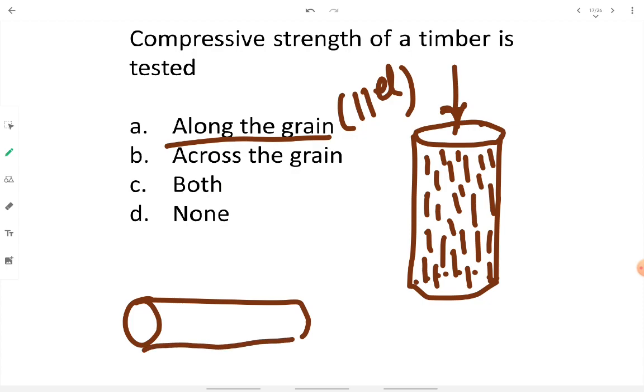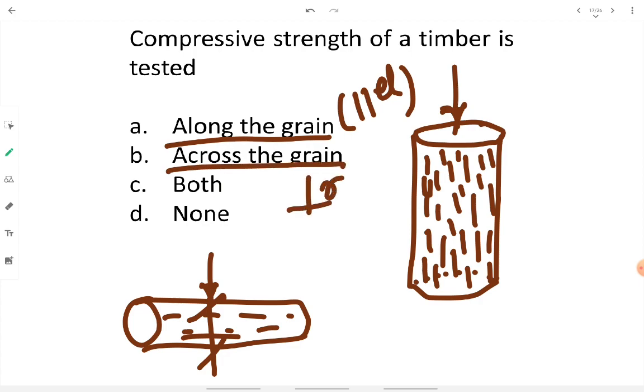For example, from the same sample, we take the log of wood and test it across the grain, along this direction. Means we will have tests with respect to grain orientation, parallel to grain orientation and perpendicular to grain orientation.